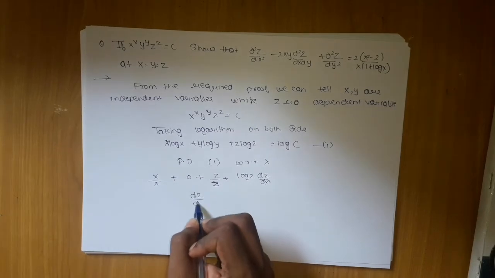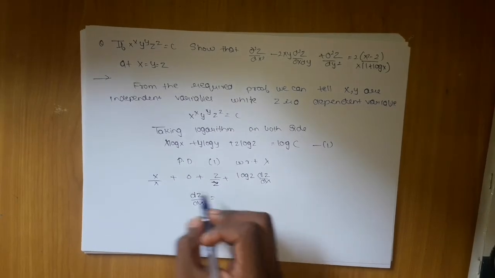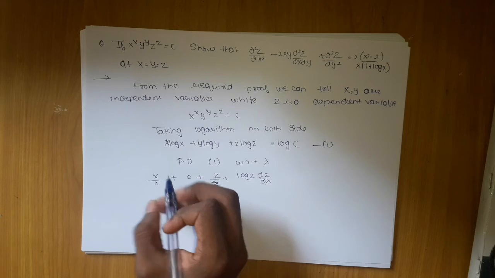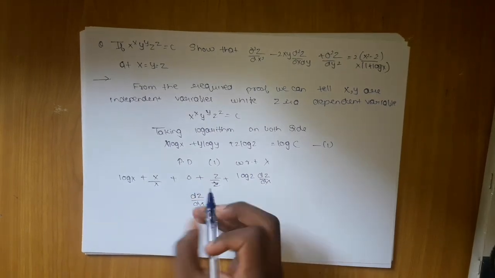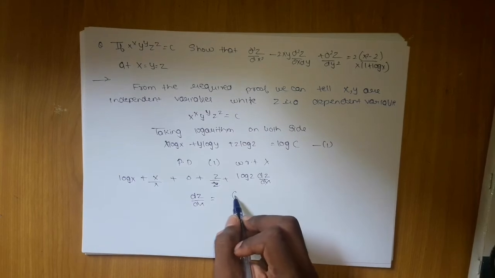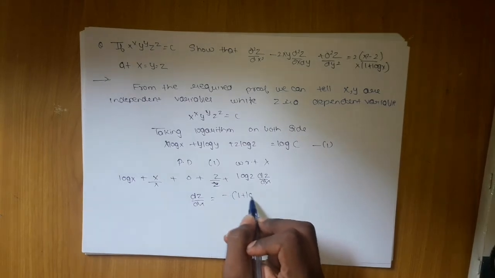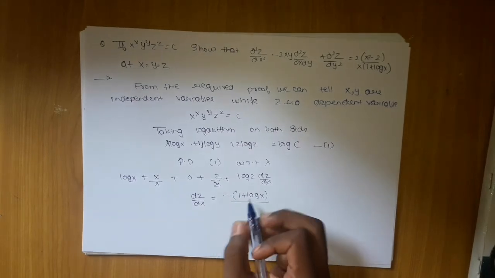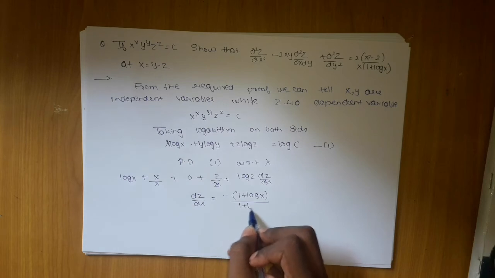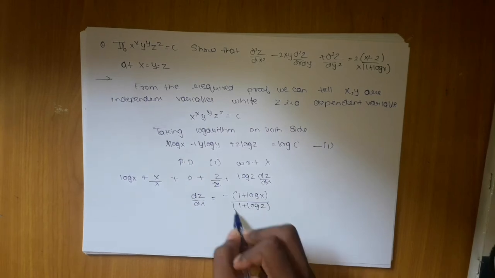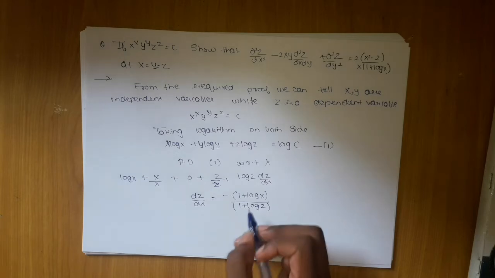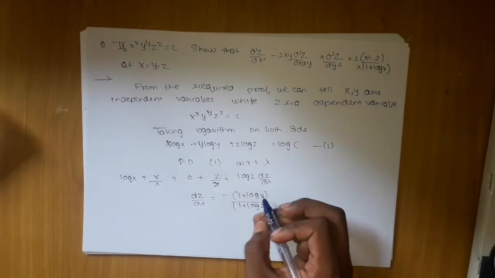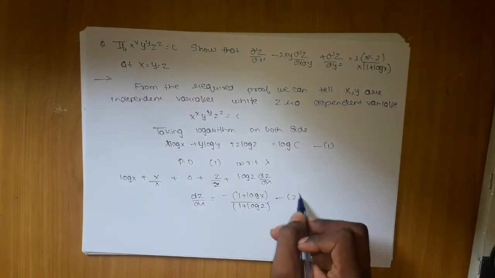We are going to get dou z by dou x as nothing but minus 1 plus one more term, log x, the whole by 1 plus log z. After doing this we got this value, we will call it 2.